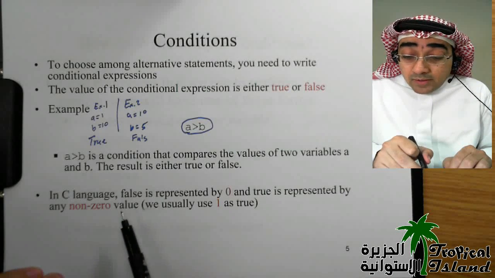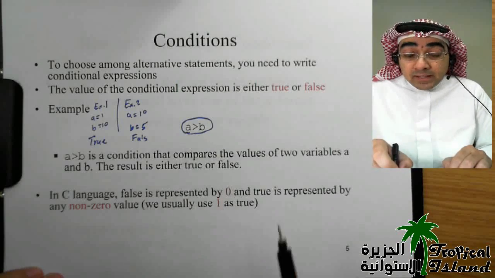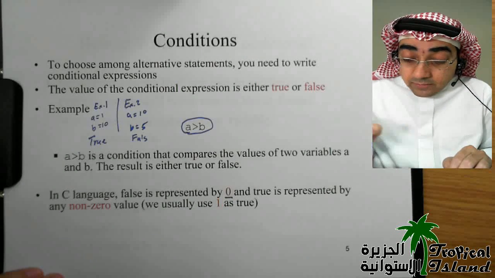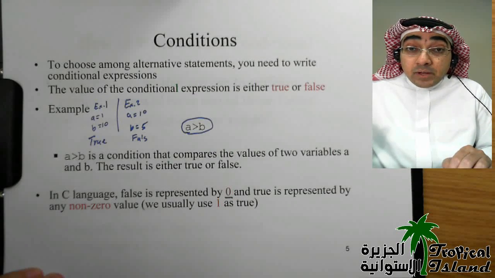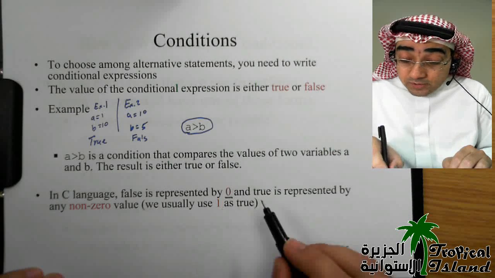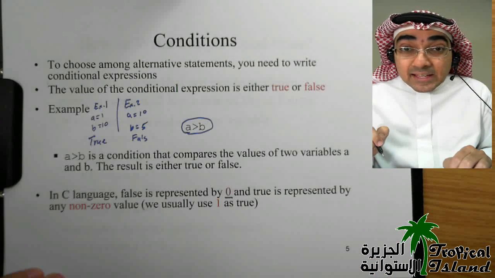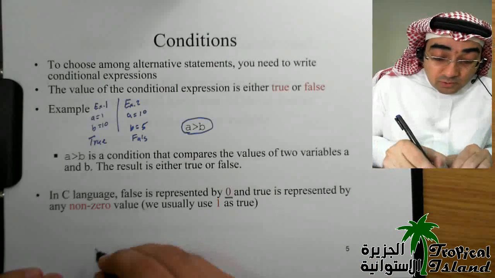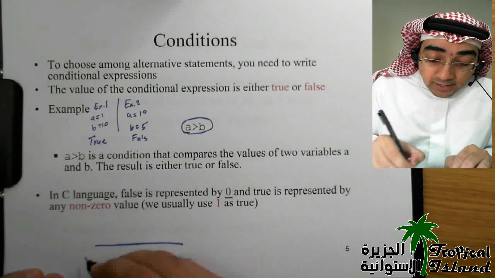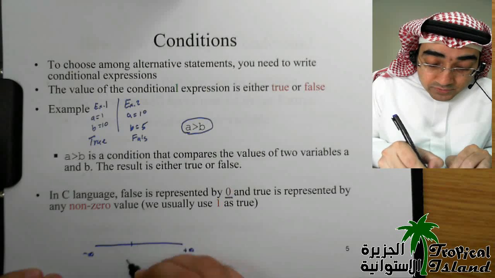Now in C, if the condition is false, the compiler returns 0. It's very important to note that the compiler returns 0 if the condition is false. If the condition is true, it returns anything except 0. If you look at it as a line that goes from minus infinity to plus infinity, you have 0 over here.